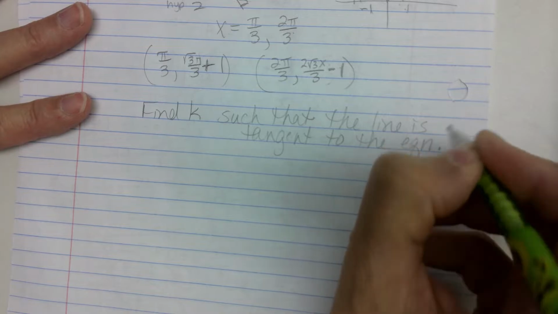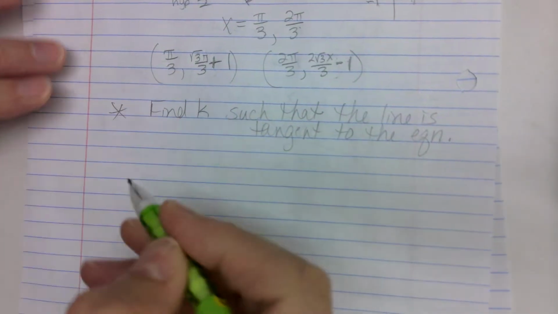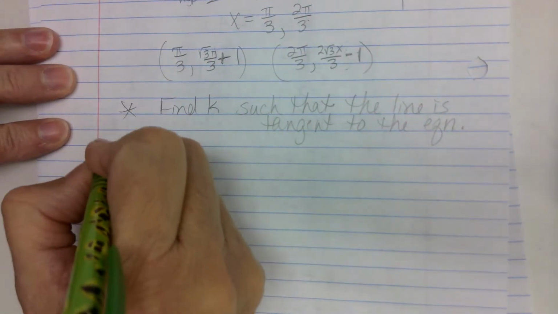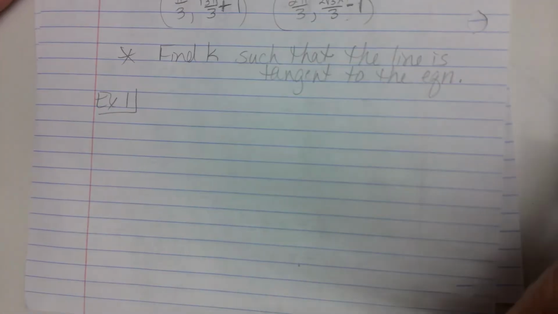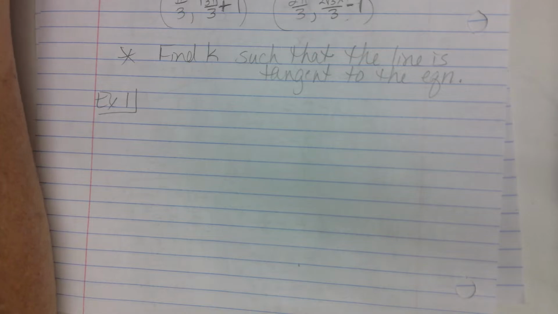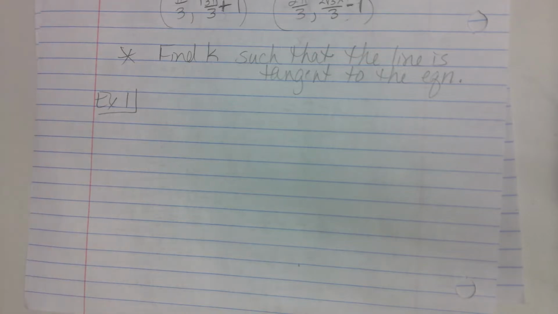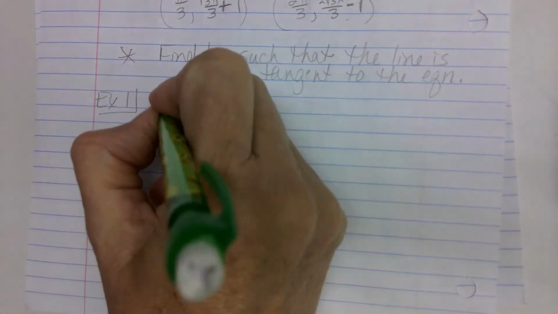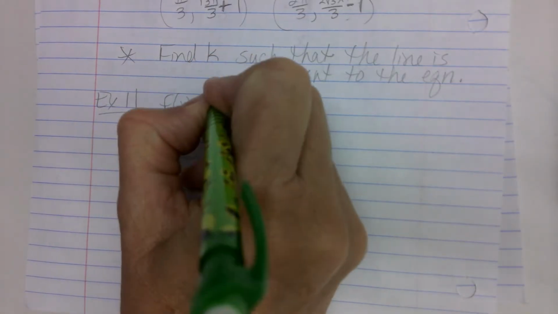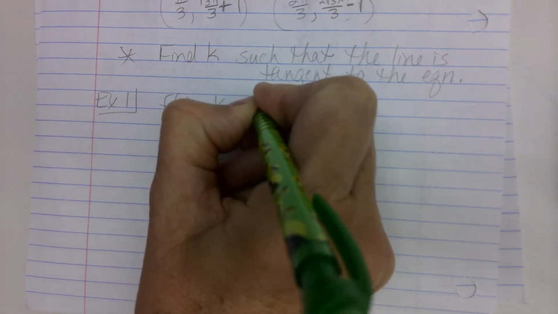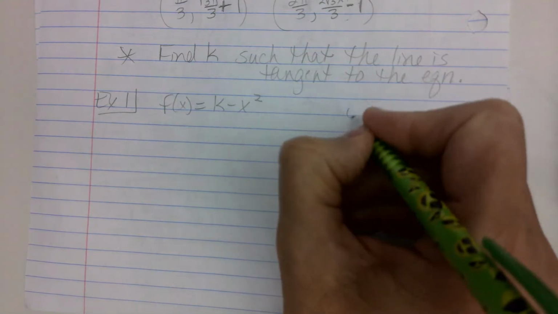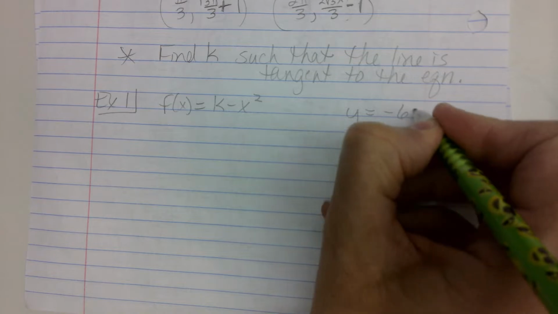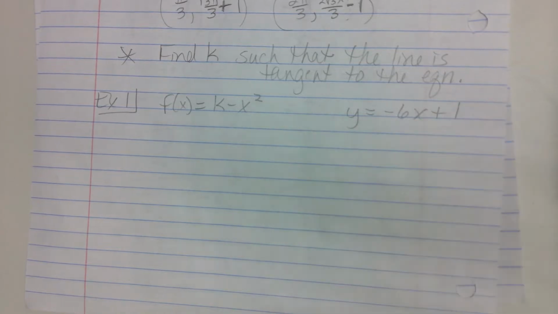Find K such that the line is tangent to this given equation. So I have the function is K minus X squared, and the equation of the tangent line is Y equals negative 6X plus 1.